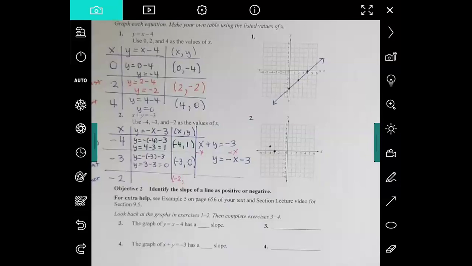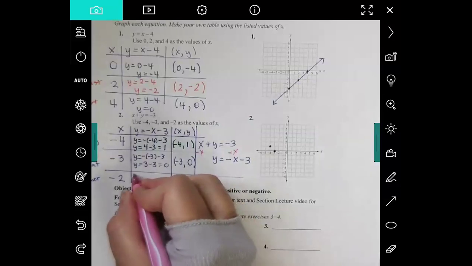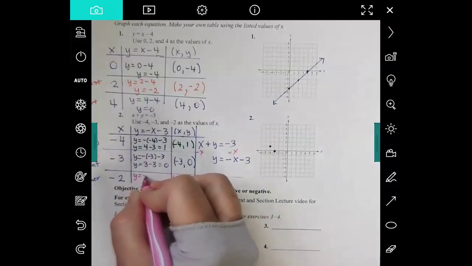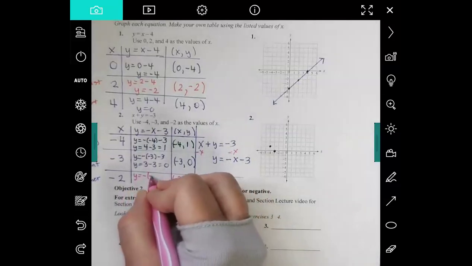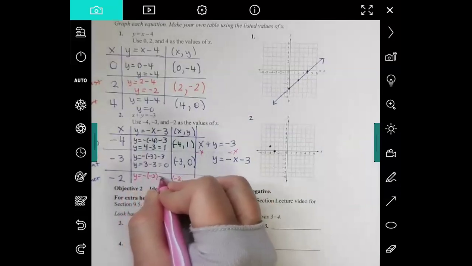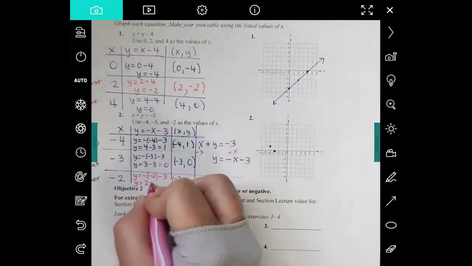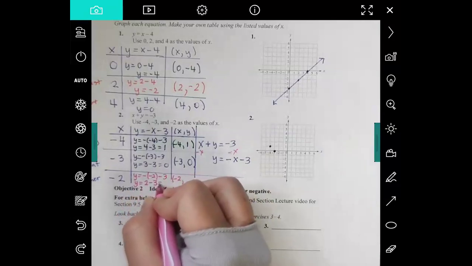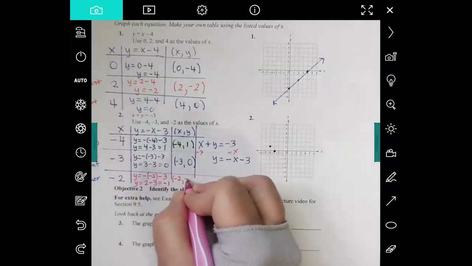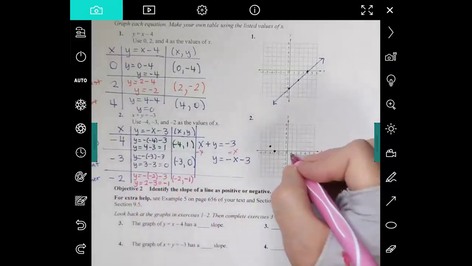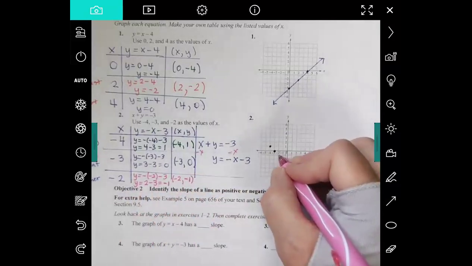I think it's -1. Let's try this. Y is equal to a negative x, and x is -2, and then we subtract 3. So a -2 is a +2. 2 minus 3 is -1. It should be -1. So we're going to put -2, -1.